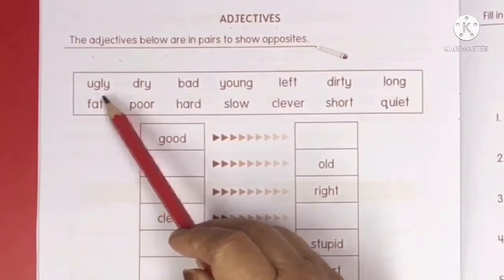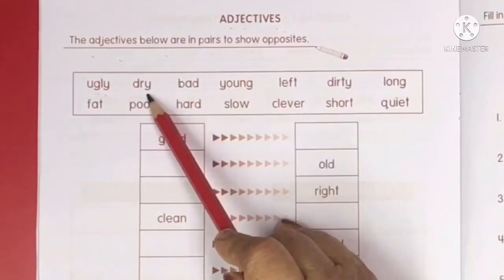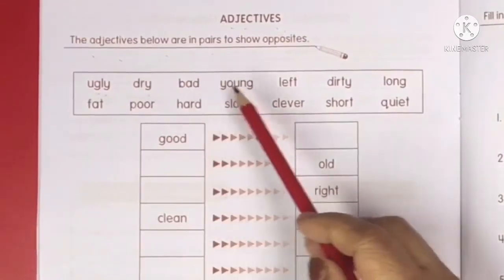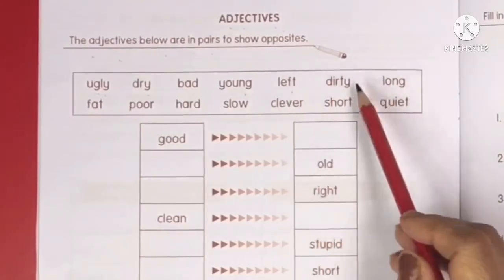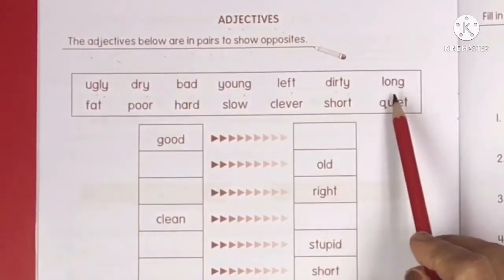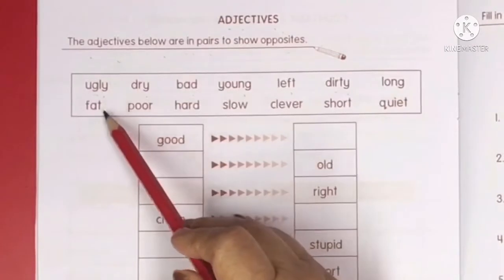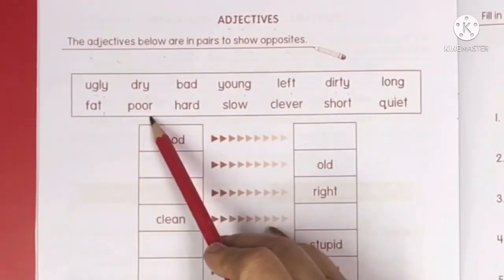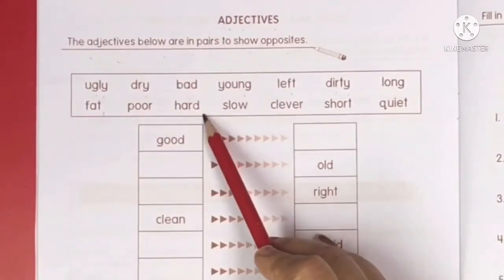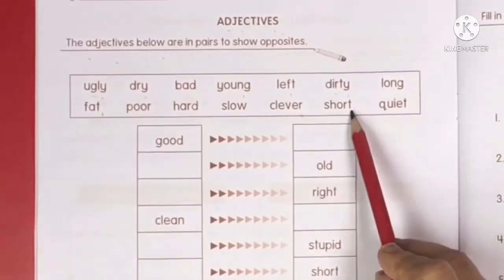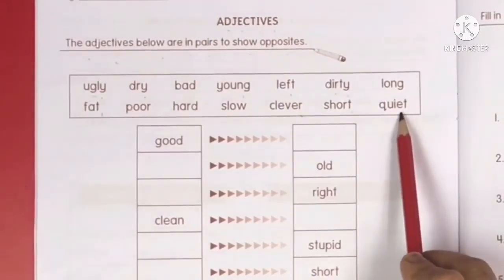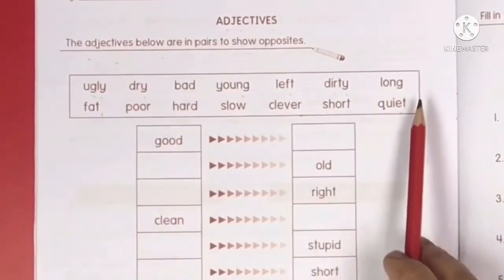Ugly, dry, bad, young, left, dirty, long, fat, poor, hard, slow, clever, short, quiet. These are all adjectives.